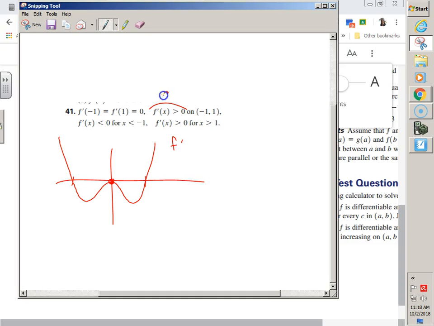Oh, you need f prime to be above if it's positive. So that wouldn't have worked, because you could have gone like this. Because now it's above for that interval, f prime. Oh, this is the graph of f prime.